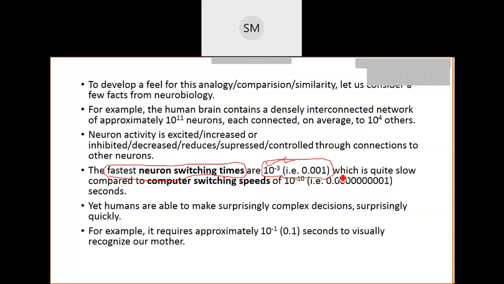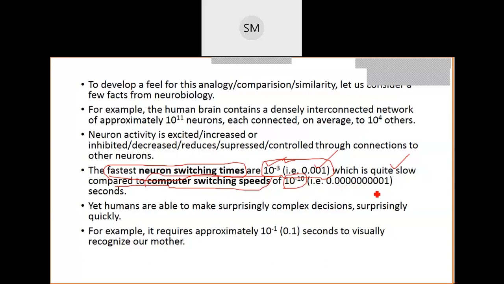This 0.001 is very, very slow when we compare it with the computer switching speed or artificial neural network, because computers take only 10 to the power minus 10, that is 0.000000001 second.